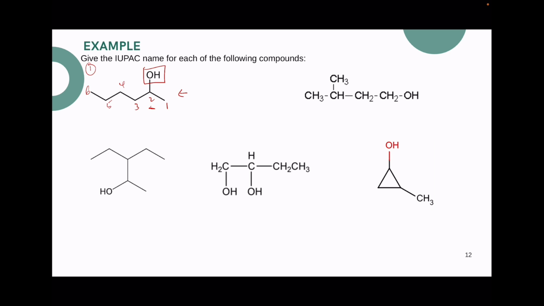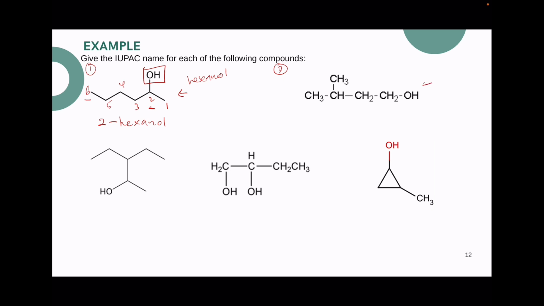So for 6 carbons, we name it hexanol, and OH is attached at carbon 2. So the name for this compound is 2-hexanol.